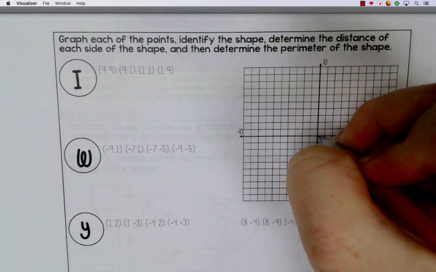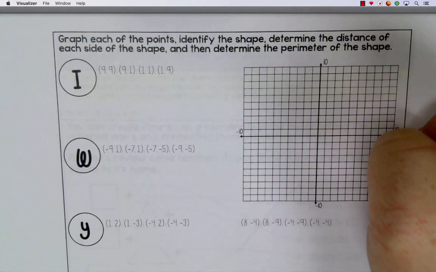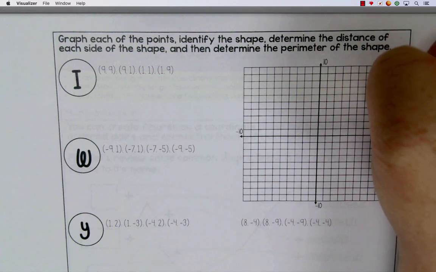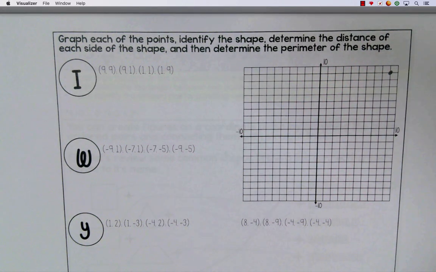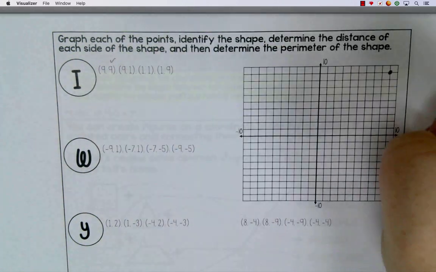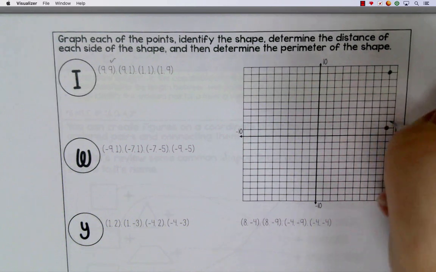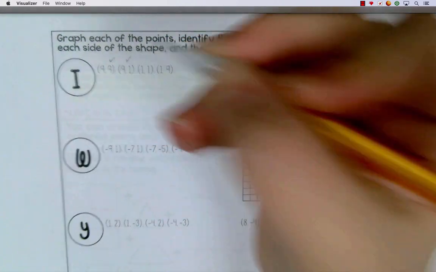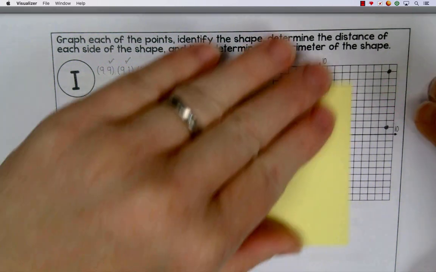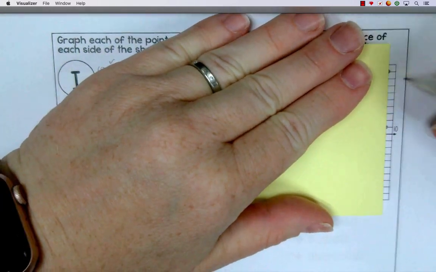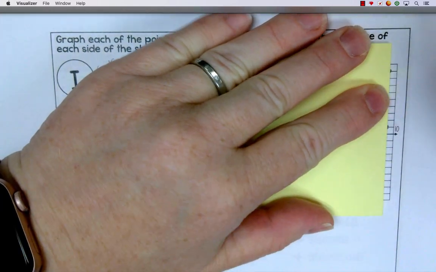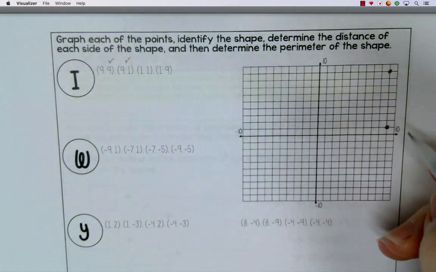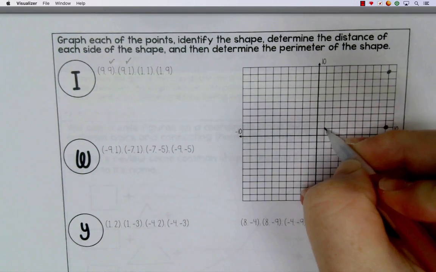I have positive 9, positive 9. Positive 9, positive 1. Okay, positive 1, positive 1.